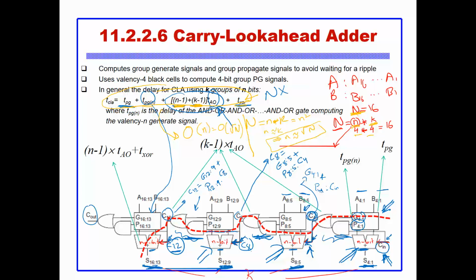Okay, so we can see now we have dropped the complexity from N all the way to square root of N with the use of a carry look-ahead adder.